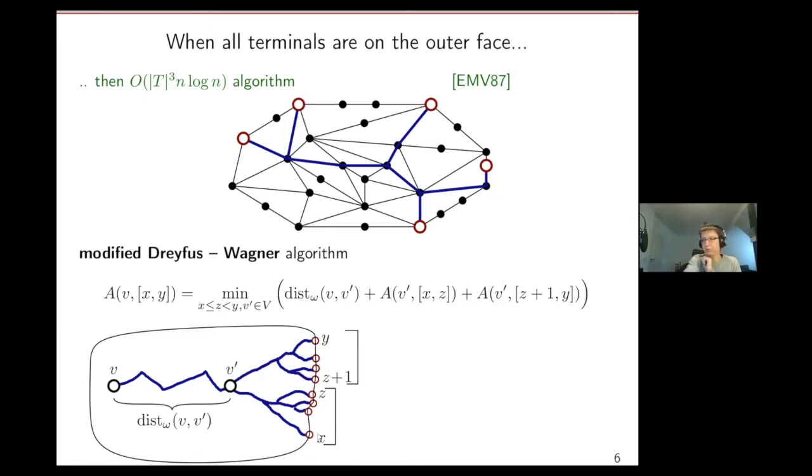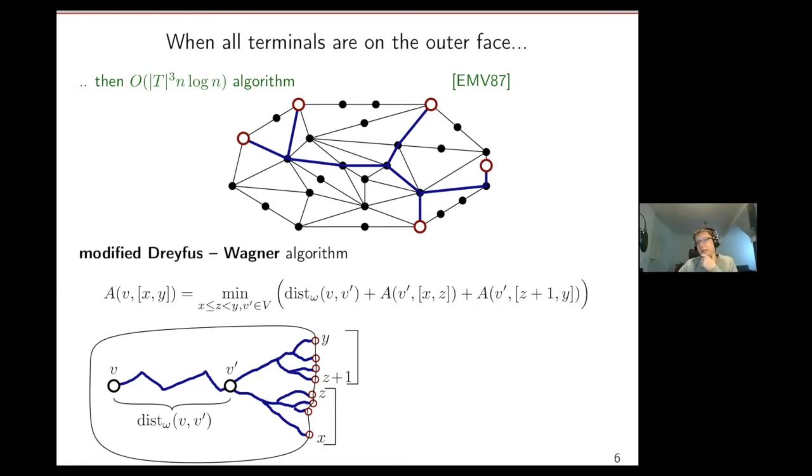For example, it could not happen that I have some other terminal sitting here, because that would give a crossing. So all we have to care about is this situation where the descendant terminals of any given vertex will form a subinterval.